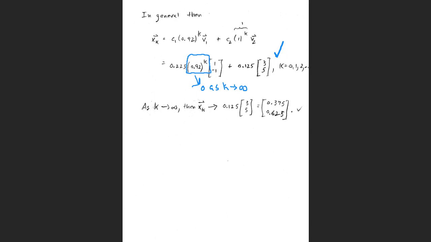Take 0.9 and raise it to a big number, and you're going to get a very small number. It'll probably put it in scientific notation, but you're going to get a very small number. So as k goes to infinity, the first term drops out. Or we can say that goes to the vector 0, 0 as k goes to infinity, because that factor goes to 0.